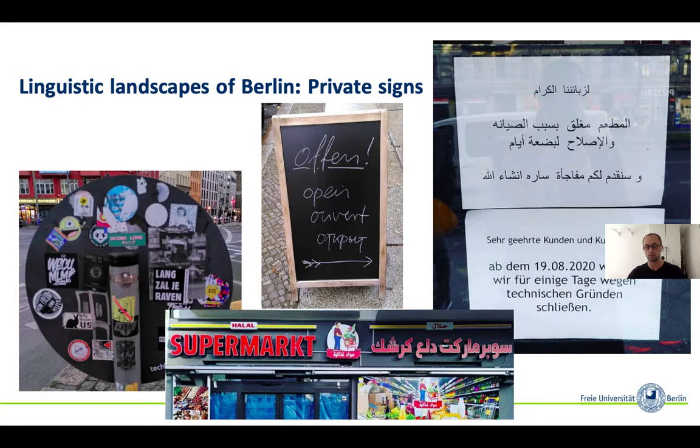So you have, on the one hand, Arabic and German, but here, interestingly, Arabic is number 1, right? It has the prominent upper position in the linguistic landscape of that shop. Okay.